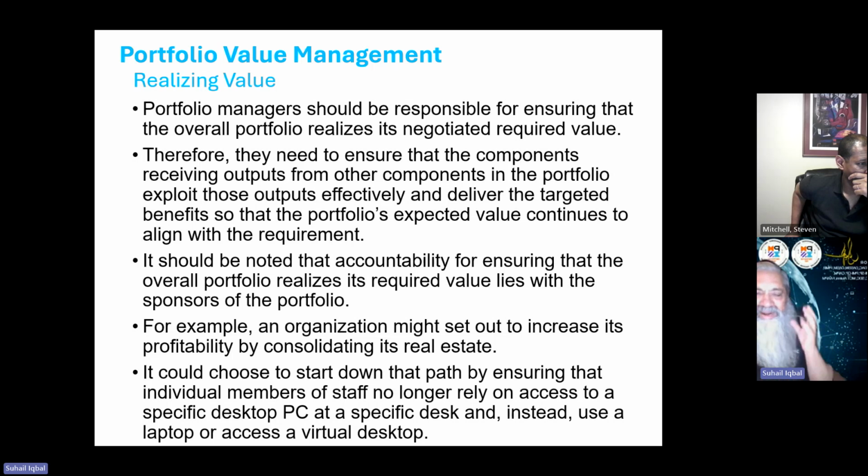So, to that level, the restrictions imposed down in the components, in the programs and projects, could be a result of the governance structure the portfolio manager has provided for realizing value.